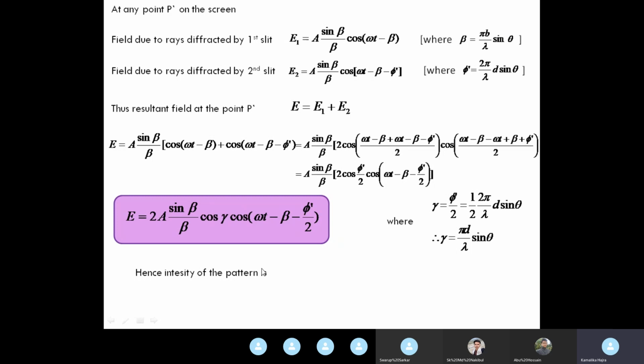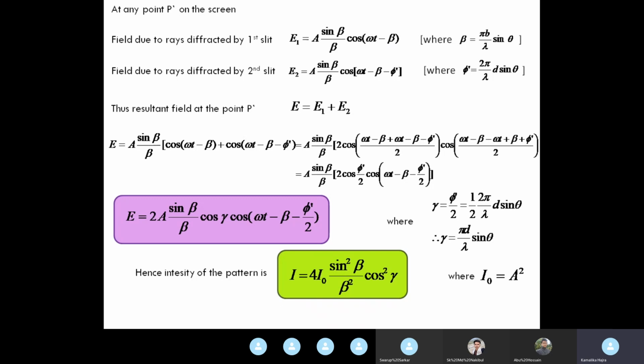So the amplitude is now 2A sine beta by beta into cos gamma, and therefore the intensity, the square of the amplitude, is given by 4 I0 sine square beta by beta square cos square gamma, where I0 is equal to A square. I've written I0 for A square because that is the amplitude of the incoming wave, and the intensity of the incident wave is I0.